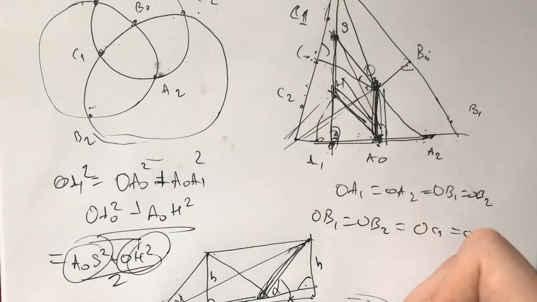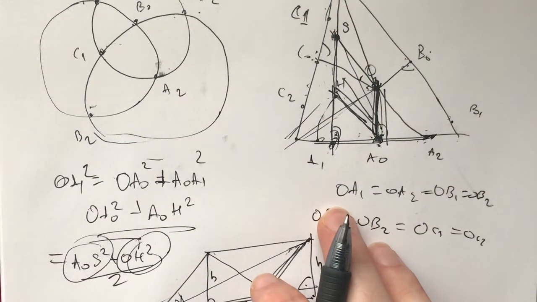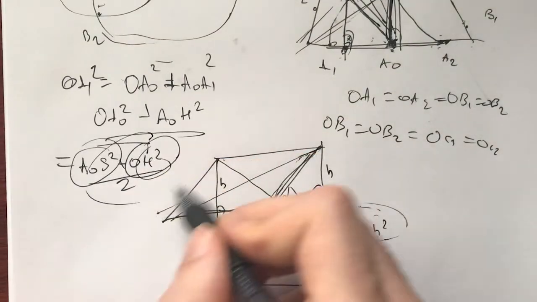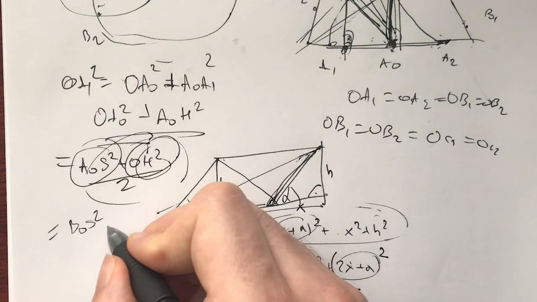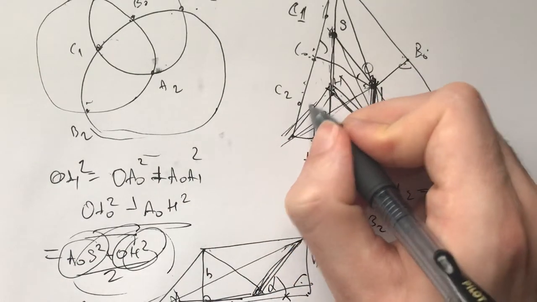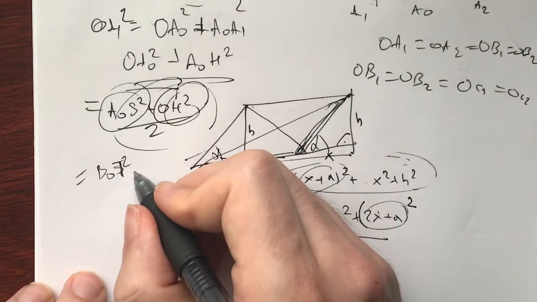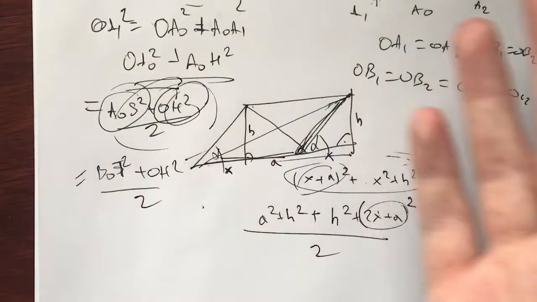So A0S is actually the diameter of that circle. So that means all of this is equal. So this is equal to B0S, like call it T, B0T squared plus OS squared over 2. And then we are done.